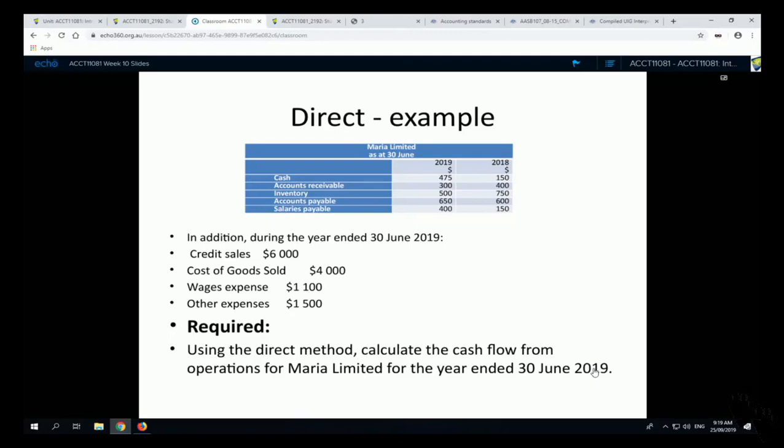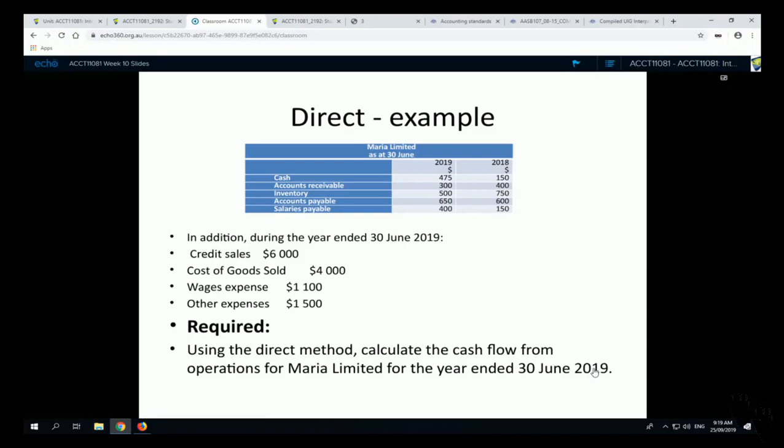So I'm going to lump 3 different categories on you: cash receipts from customers, payments to suppliers, and then payments for all other expenses. So they're the 3 categories that we calculate. Start with your cash receipts from customers. You can write that down as a heading.